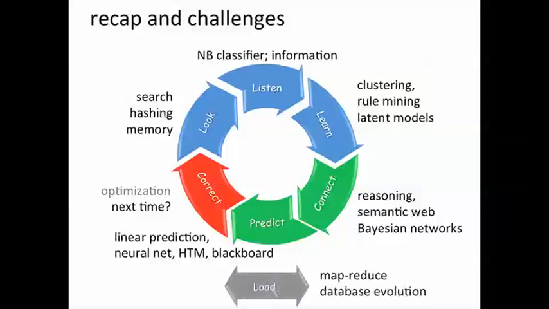Along the way, we also learned about the load element, how large volumes of data and processing can be executed on modern computer systems emerging from the web. We learned about MapReduce and the evolution of databases. So congratulations, we've really covered a lot and learned a lot in this course.